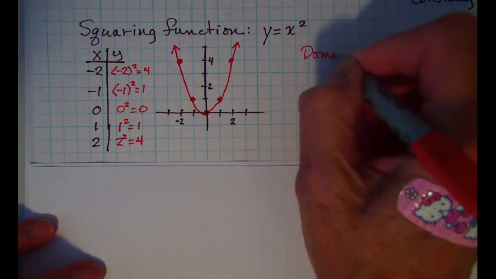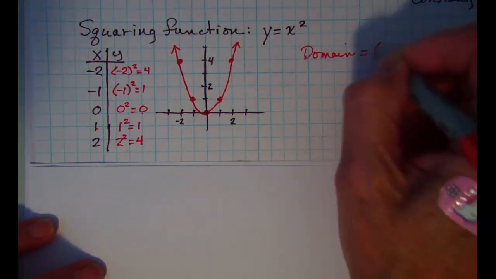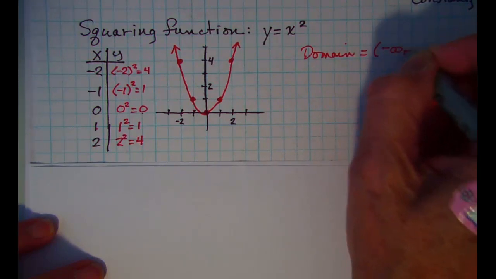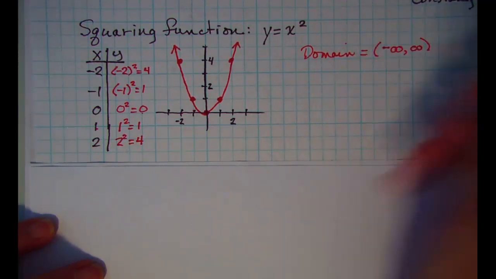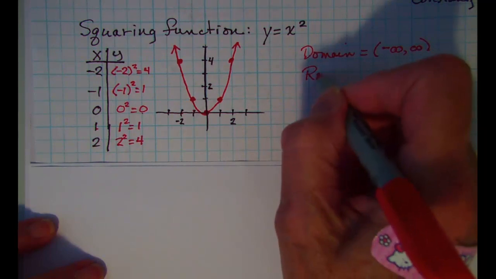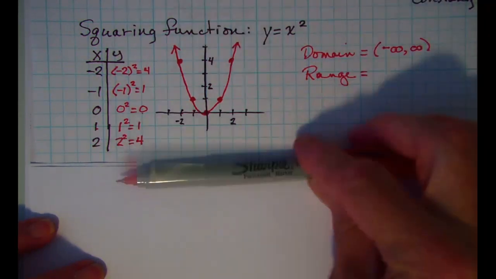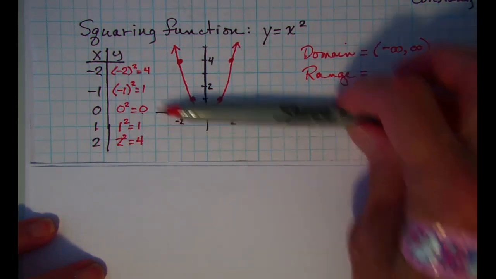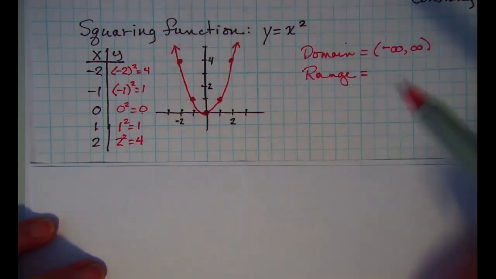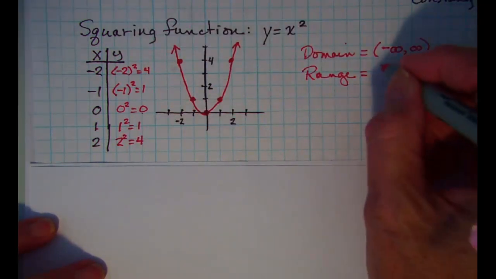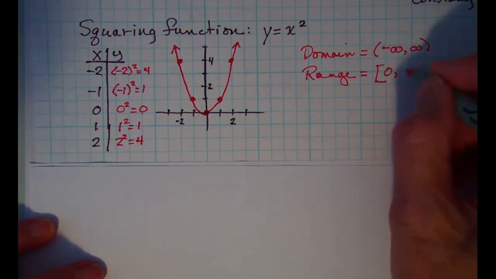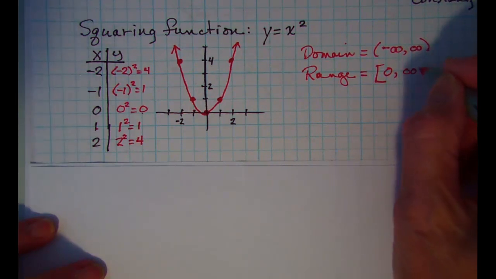Domain is all real numbers, so -infinity to +infinity. And the range, we can tell from our graph, starts at 0 and then goes on up to +infinity. So 0 is included in that range, so 0 to infinity.